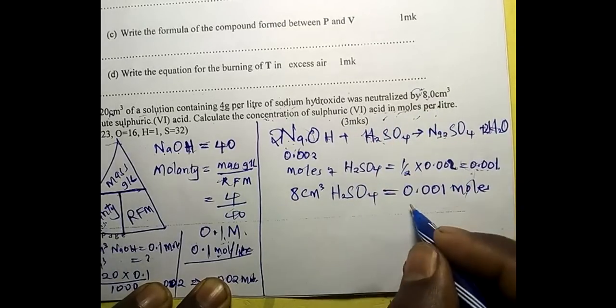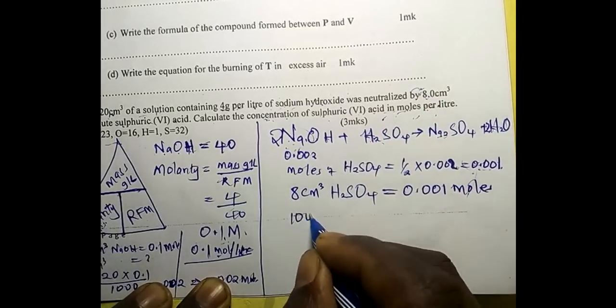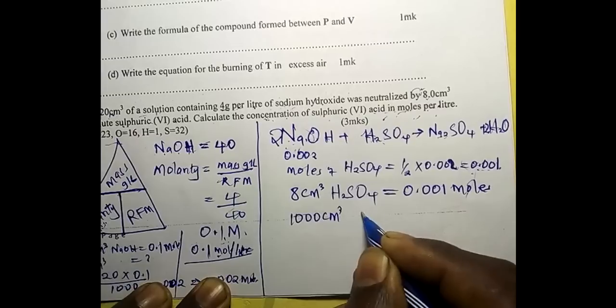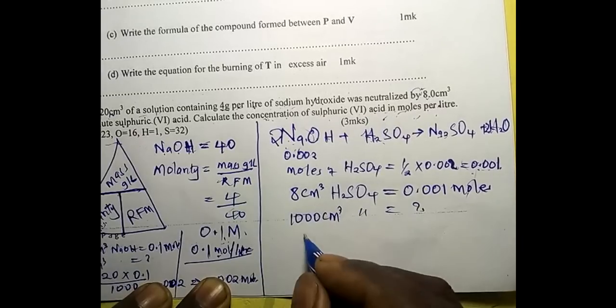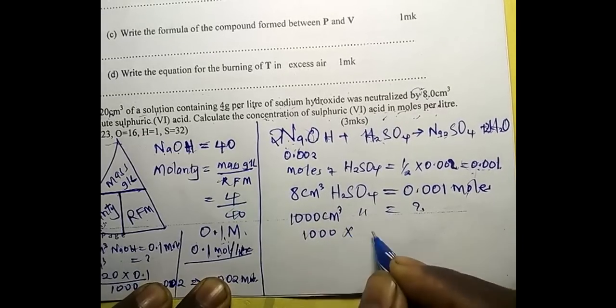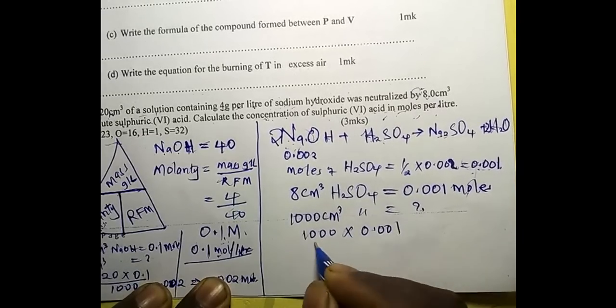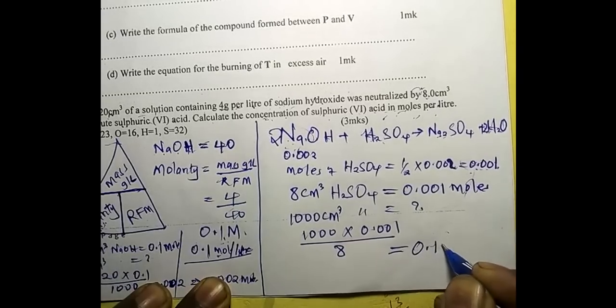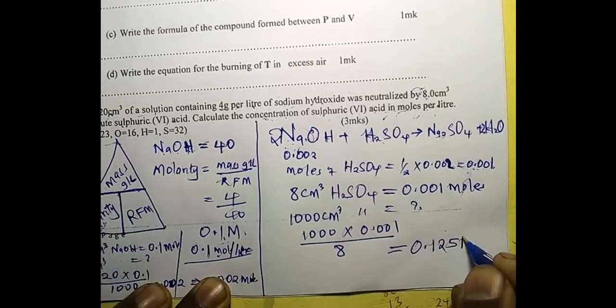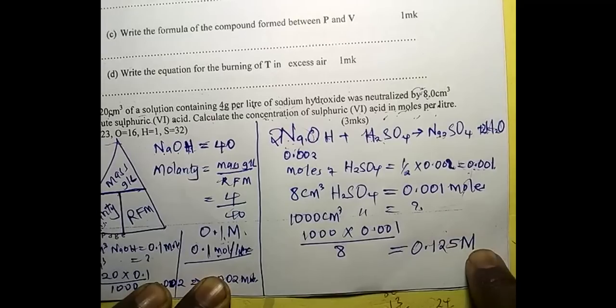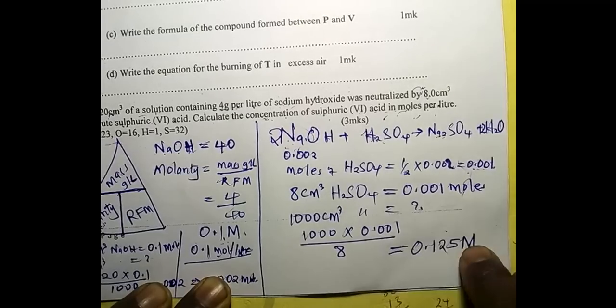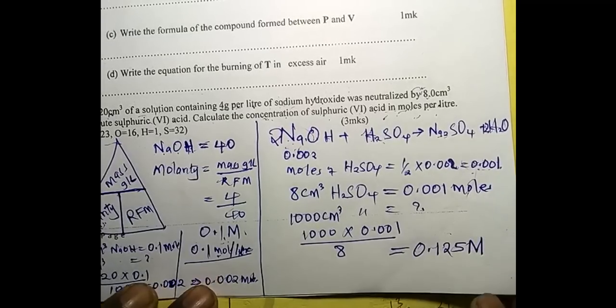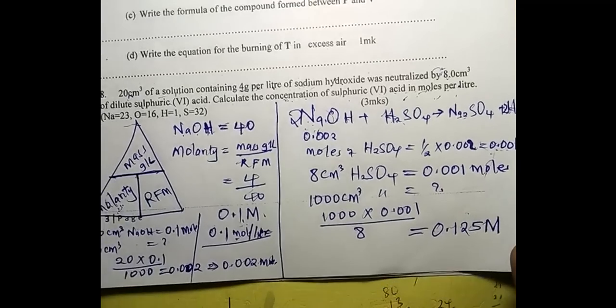So we will ask, 1,000 centimeters cube, which is 1 liter, of sulfuric acid will contain how many moles? 1000 times 0.001 we divide by 8. This will give us 0.125 capital M. M stands for molarity, and the molarity is moles in 1 liter.